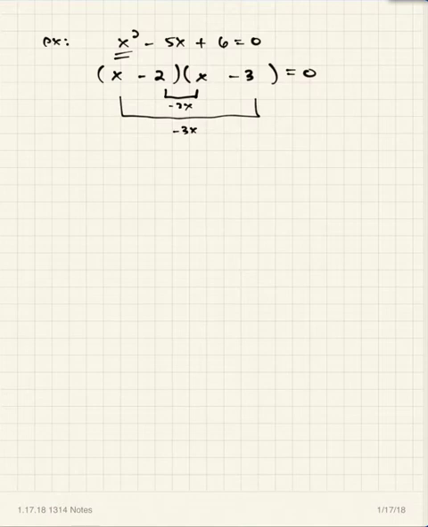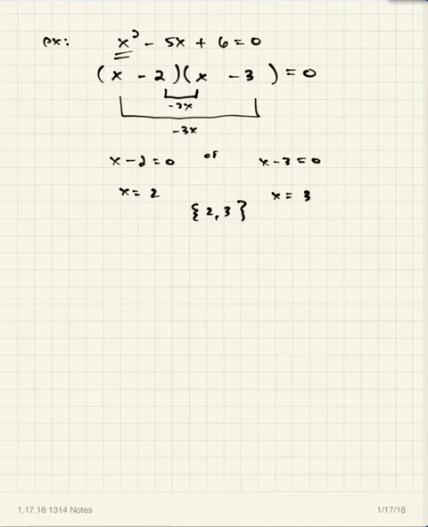It is now a multiplication problem. And so now we can set each factor equal to 0. Right? We know that that's the only way that equation could be true, is if one of those factors was 0. And so we get x equals 2 and x equals 3. When we solve that, it's very easy to solve from there, and you get 2 and 3 as a solution.